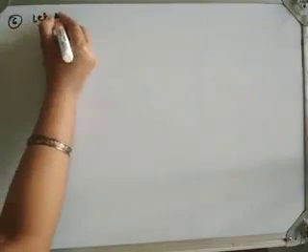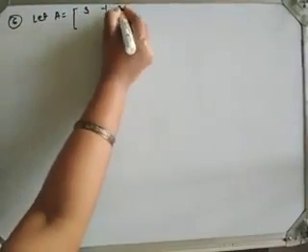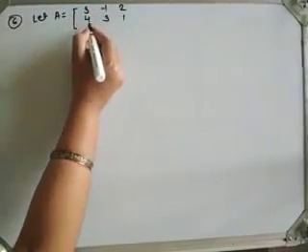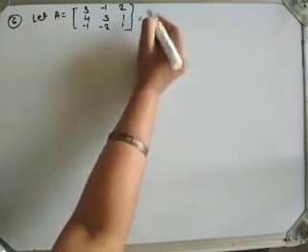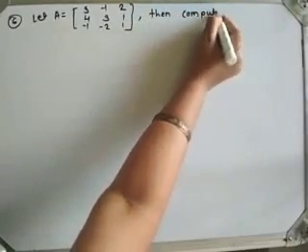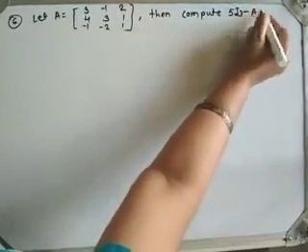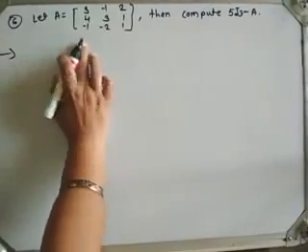Let us take next example 6. Let A be the matrix [3 -1 2; 4 3 1; -1 -2 1]. Then compute 5I3 minus A. See here what we have given.